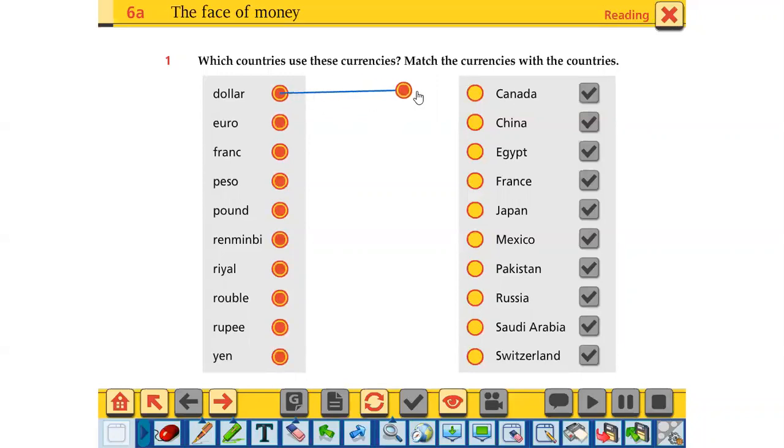Dollar, it's a Canadian dollar. Euro, what can it be? It's France. Franc, franc is from Switzerland.